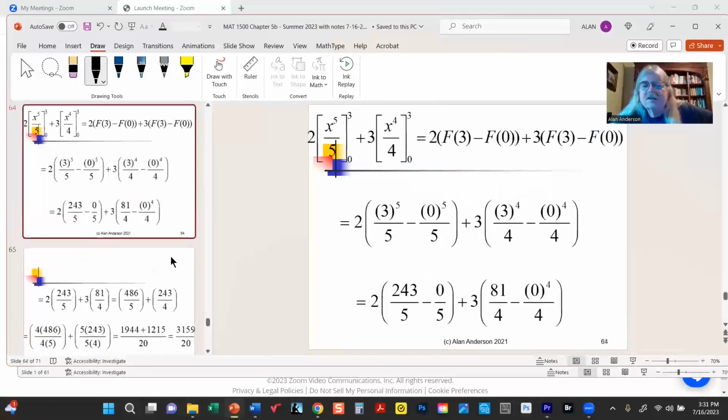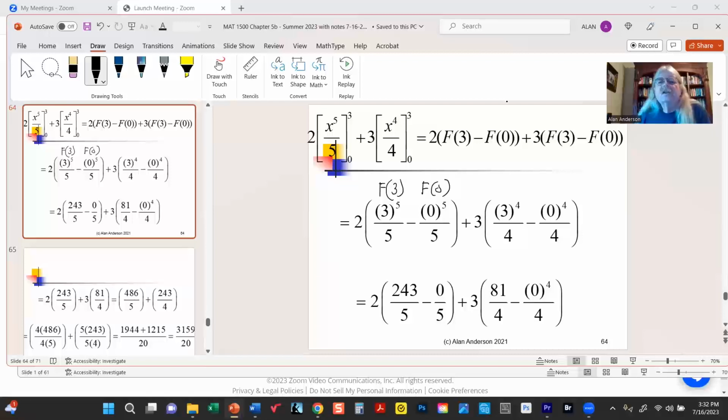But what I would like you to see here is that what you're actually doing is solving for what we are calling F of 3. Capital F of 3 is the integral evaluated from 3 down to negative infinity, and then this is F of 0. So the difference between the two is what we're actually looking for.